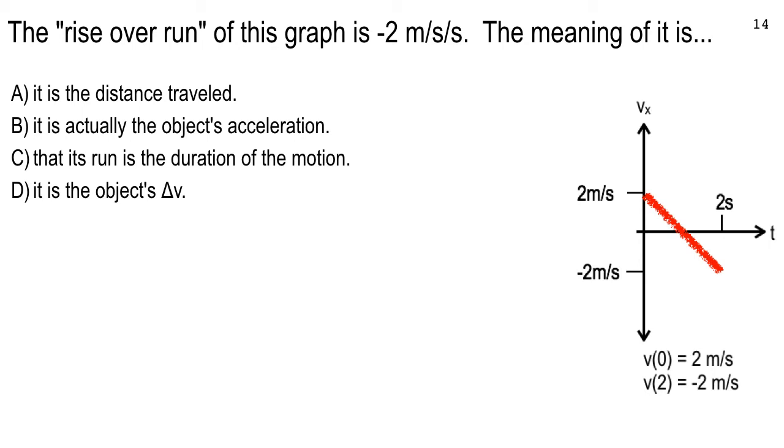Okay, now the answer to this one, most of you got it correct, is B. -2 meters per second. With that, go ahead and write that number down. -2 meters per second. What that means is if you're moving to the right, you lose 2 meters per second of speed for every second of travel.